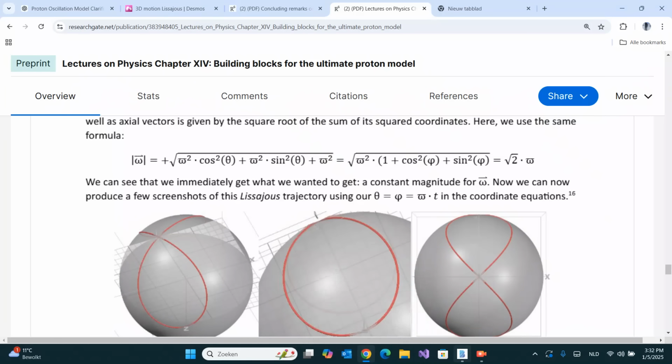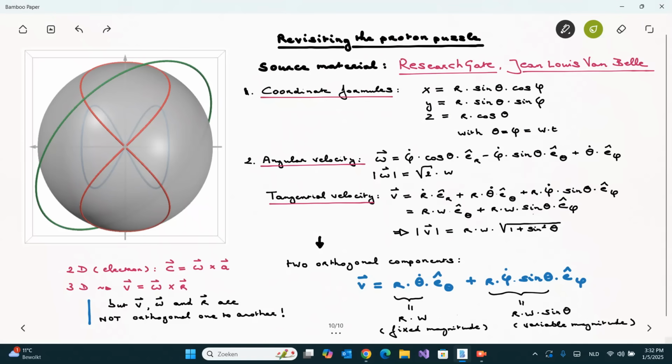I have a weird omega bar here instead of a w, which is simpler to use. But you arrive at the result that we have a constant magnitude of this angular velocity vector. I will talk about its direction in a moment. But that was a nice result where I said, whoa, we have a nice constant angular velocity.